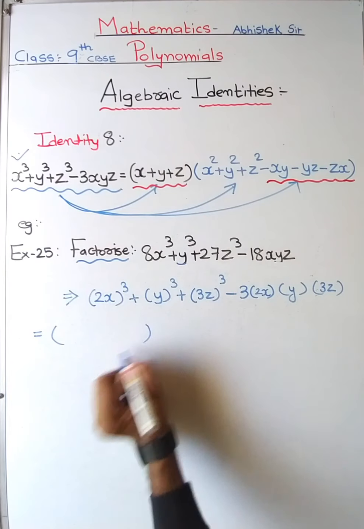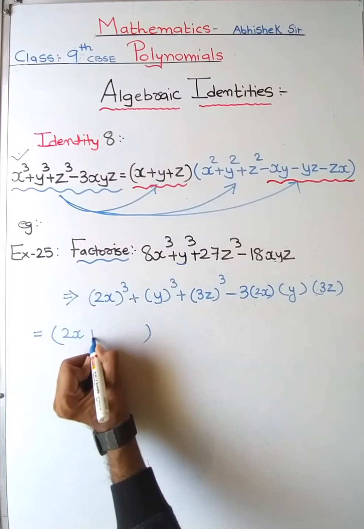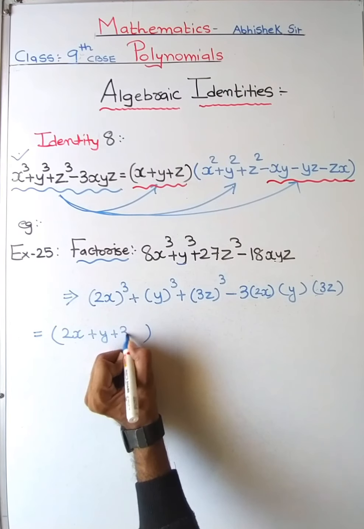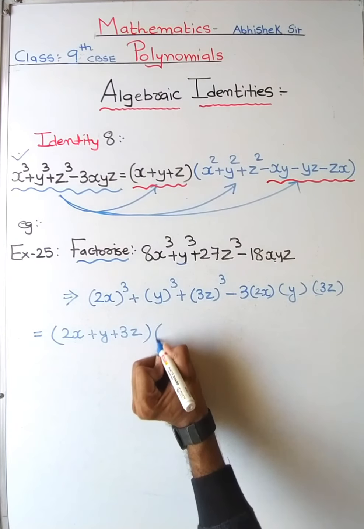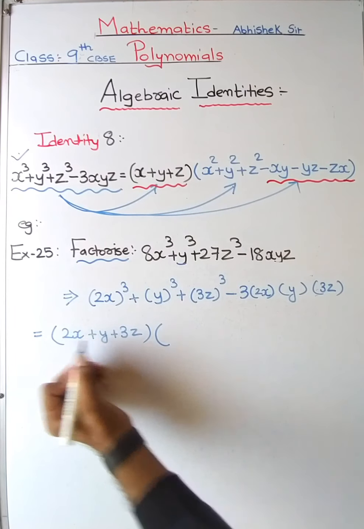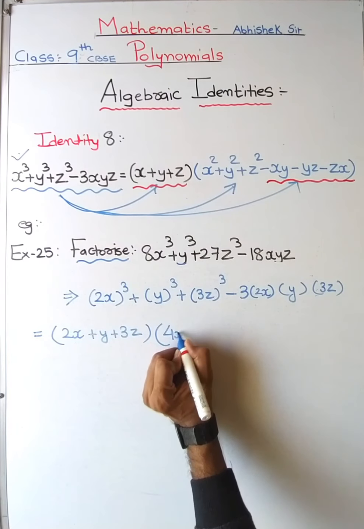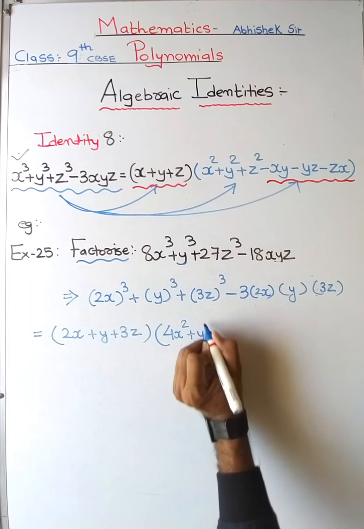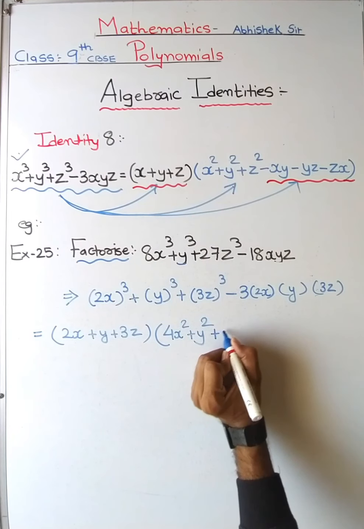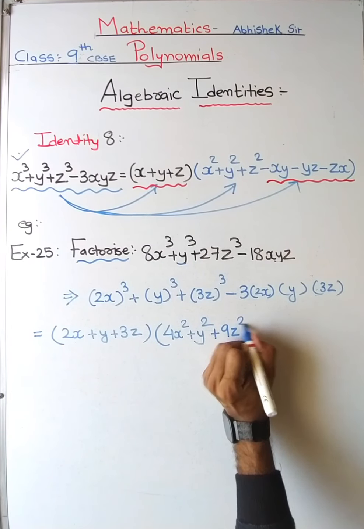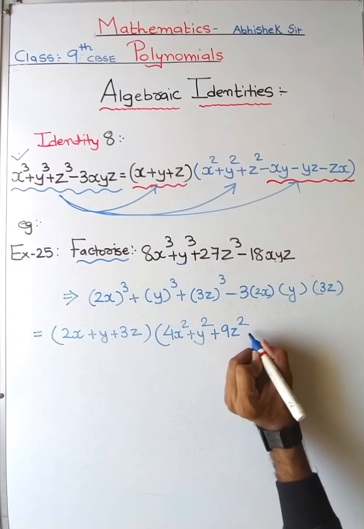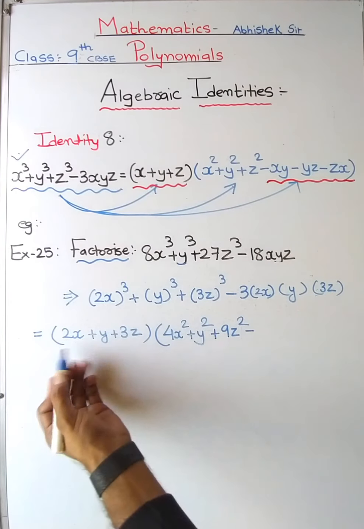In the first bracket we will write 2x plus y plus 3z. In the next bracket the square terms. So 2x square is 4x square, then y square, and finally we have 9z square. Clear? Now minus sign, and then one by one we will multiply the terms.